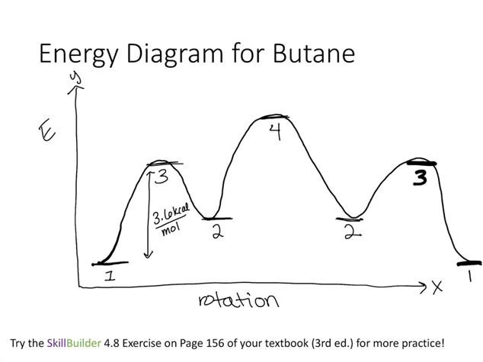And then the difference between energy level 4 and level 1 is 6.0 kilocalories per mole. Now, compounds can freely rotate if the energy barrier is less than 20 kilocalories per mole. So I'll write that up above.